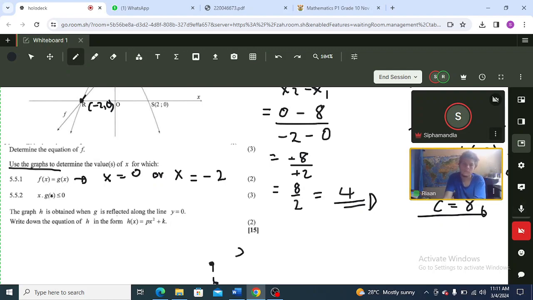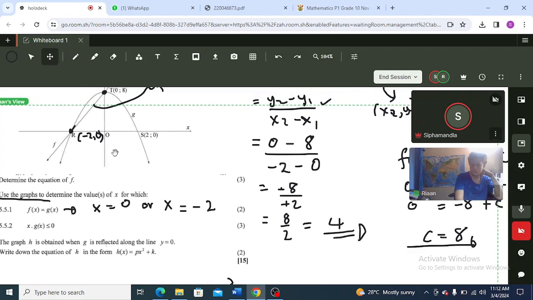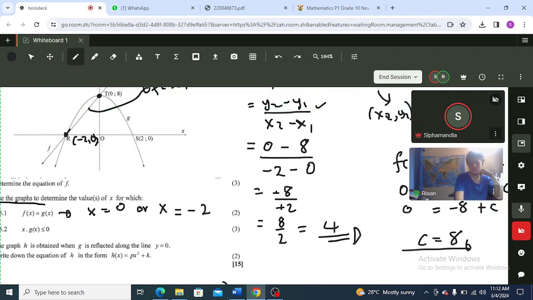I understand that in most cases this can be quite complicated, but basically they are saying that when you multiply g of x, which is the y value, by any values of x, are you getting a value that is less than or equal to 0?